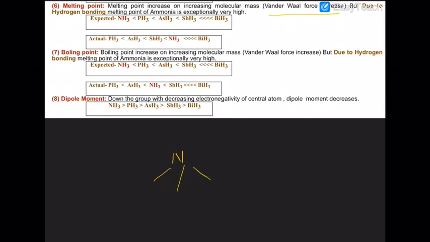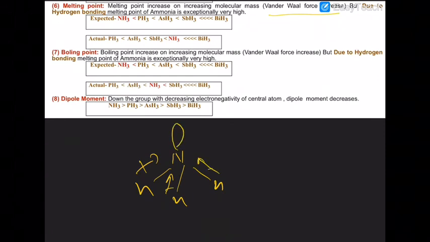What I am trying to say is that here the bond moment of NH is in the direction of nitrogen, and due to the presence of the lone pair, the net dipole moment also is in the direction of the lone pair. So this is called additive. Here in this case, the vectors are additive in nature. So that's why the dipole moment of ammonia is greater than that of the other hydrides.